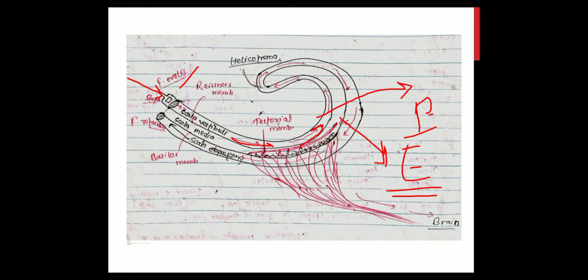This process takes place so that further echo of sound does not occur in the ear. This is the overall idea of the mechanism of hearing.